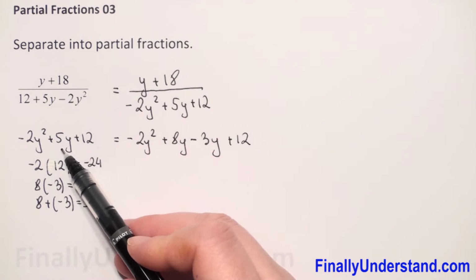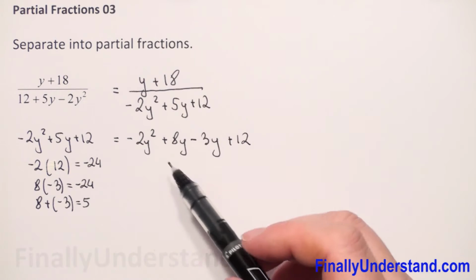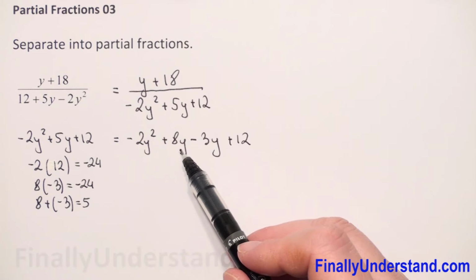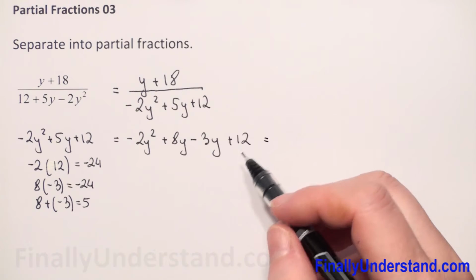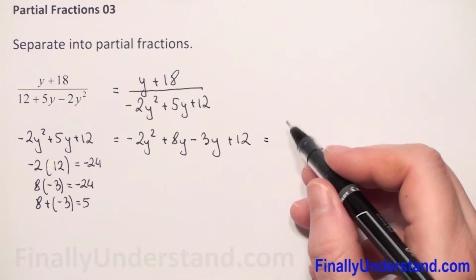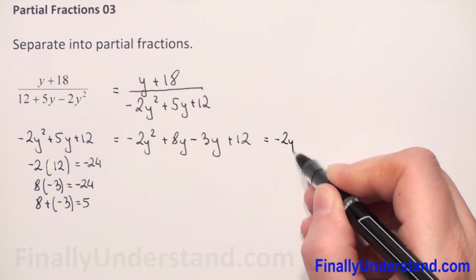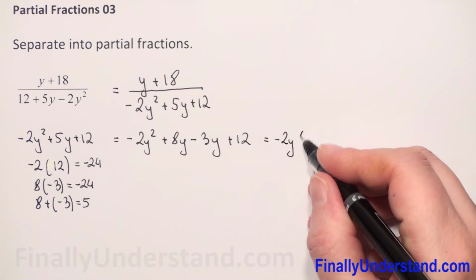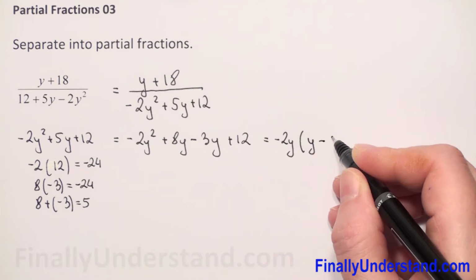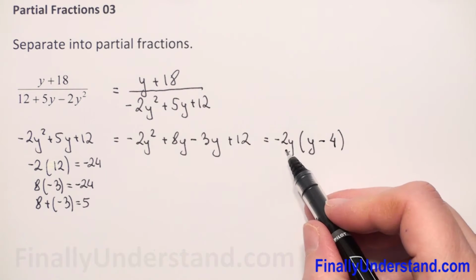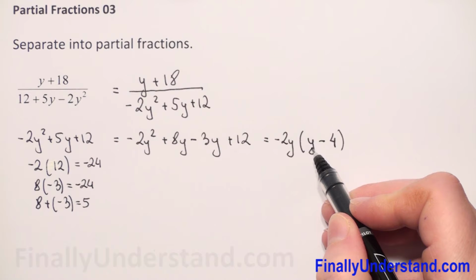So everything is okay, I didn't change anything. I just rewrote 5y, but this is 8y minus 3y. Still the same. And now I can factorize from the first two terms negative 2y, and in parentheses I will have y minus 4. Negative 2y times y is negative 2y squared.